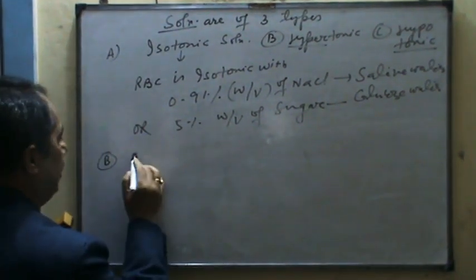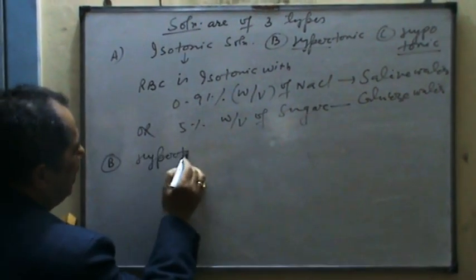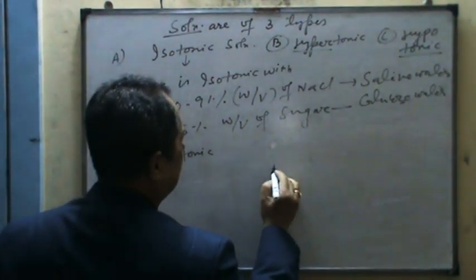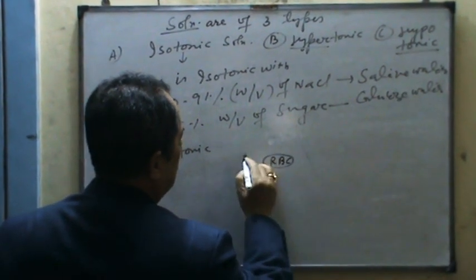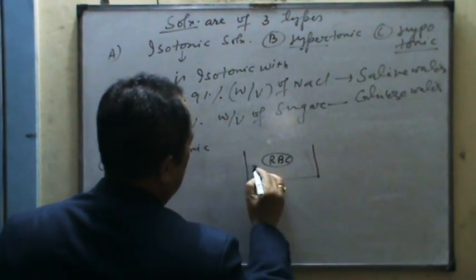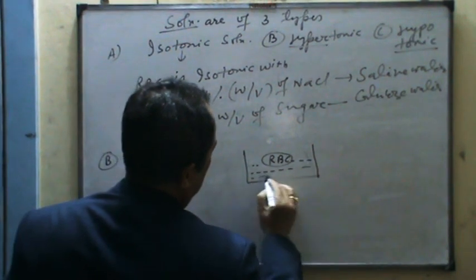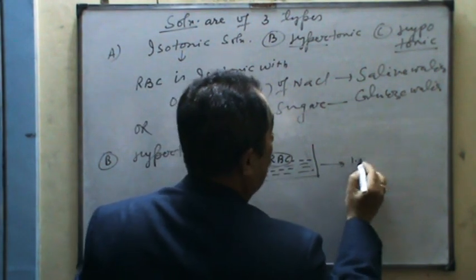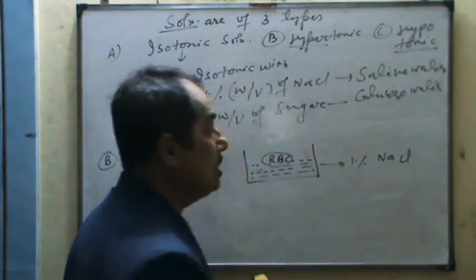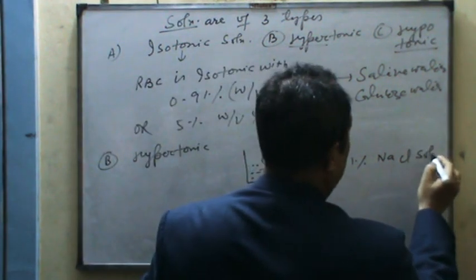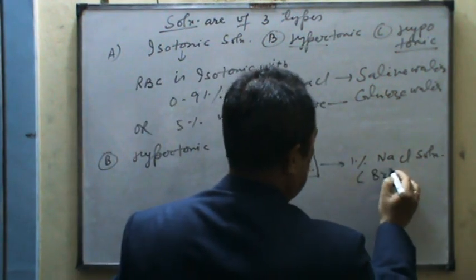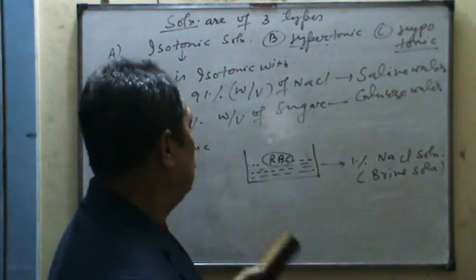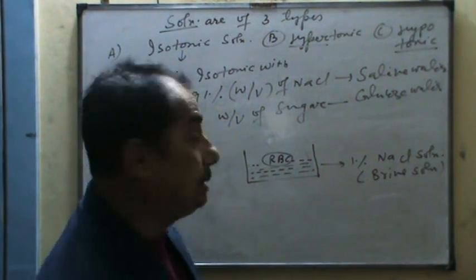For example, when RBC is placed in 1% NaCl solution, that is called brine solution, an aqueous solution of sodium chloride. Then tell me, what about the osmosis?